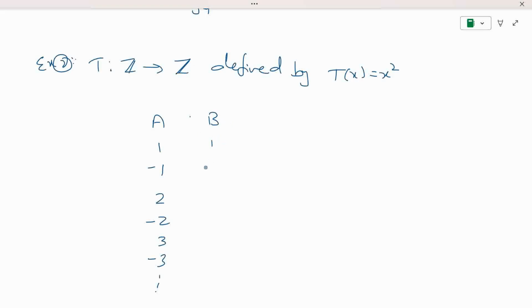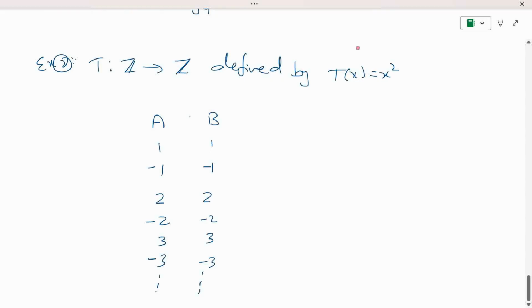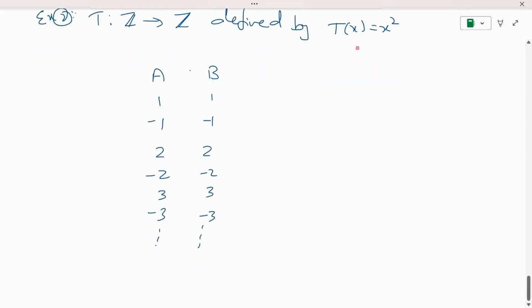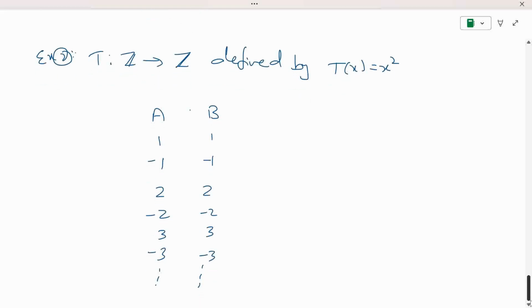So 1, -1, similarly 2, -2. Just writing in sequence. So now let's see whether it is injective or not.